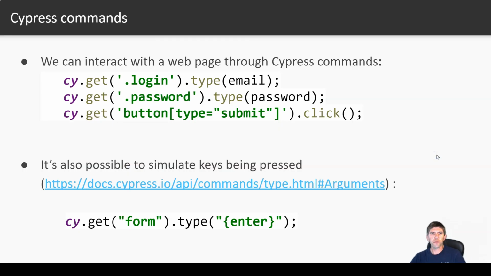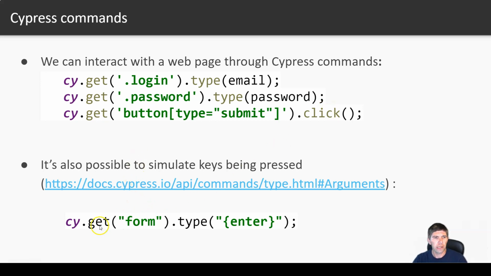So of course, what we did so far was just check that things are displayed on the screen. But with Cypress, you can interact with a web page and really simulate a user playing with it. So you can type, you can click, and you can simulate any sort of event.